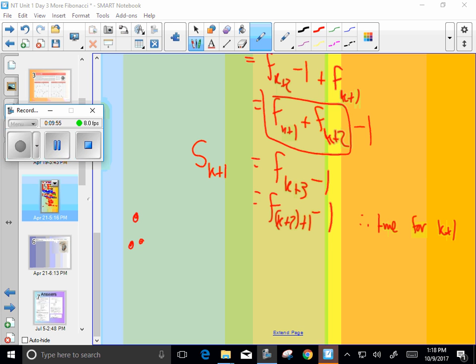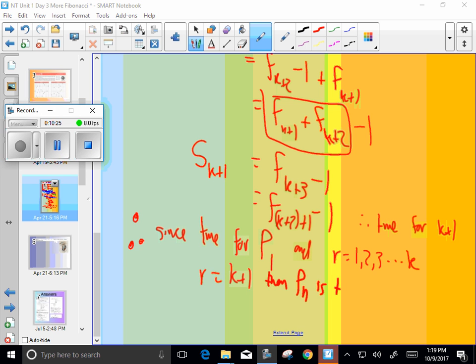And we would say, since true for P of 1 and R equals 1, 2, 3, all the way up to K, R is equal to K plus 1, then P of n is true for all n an element of Z plus by math induction.